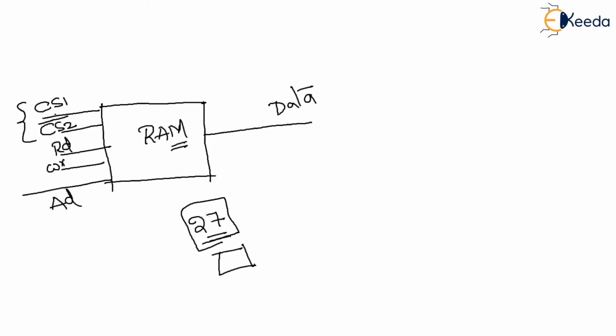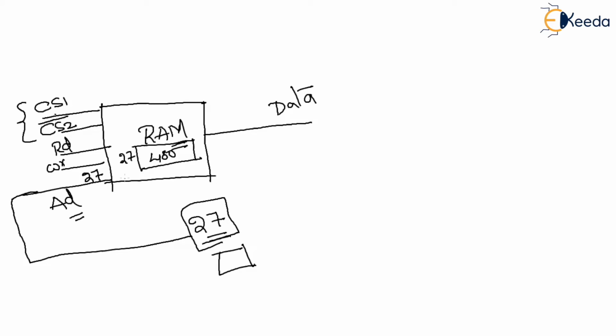That means the CPU will transfer this 27th address to the address bus, and the address will get located in the RAM. Let us say under the 27th address in RAM there is some data, 480.